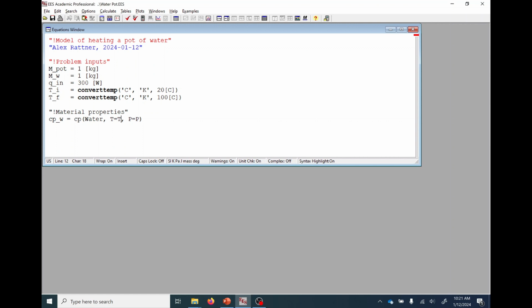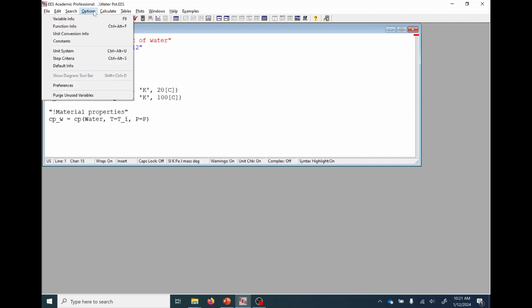So for now, while specific heat does technically depend on temperature, and it does vary with temperature, I'm going to just calculate the value at the starting temperature and use that for this problem for the sake of simplicity. So I'll say that I'm evaluating this property at Ti, and I'm also going to evaluate it at 1 atmosphere. One convenient thing EES has for you is a bunch of built-in constants.